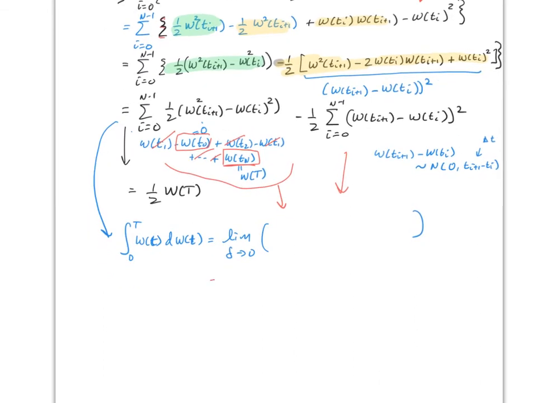Well, we already know that the first part is equal to just 1/2 W of capital T squared, and the second part is going to be 1/2 times T.